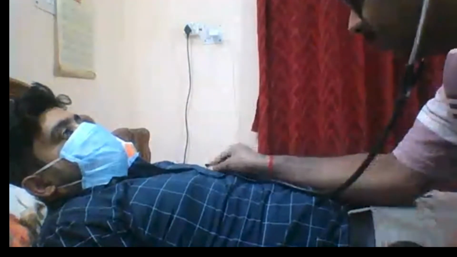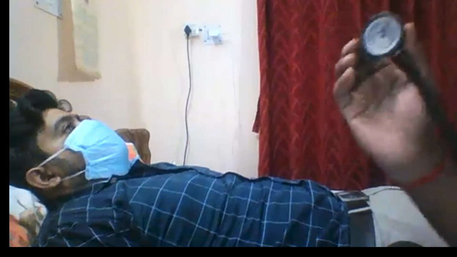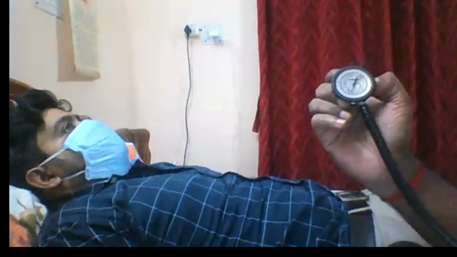Now we are listening to a murmur. Now give your left thumb to the carotid. If the murmur coincides with the carotid pulsation, that means that the murmur is systolic. If the murmur does not coincide with the carotid pulsation, that means the murmur is diastolic.